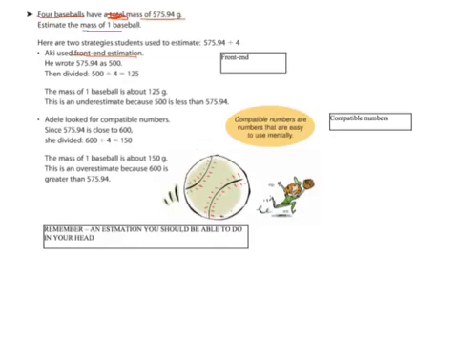And he wrote 575.94 as just 500 divided by 4. Again, I would go up to the hundreds place because it's hard to do 575 divided by 4 in your head. An estimation should be something that you can do in your head, not one where you need to have paper.